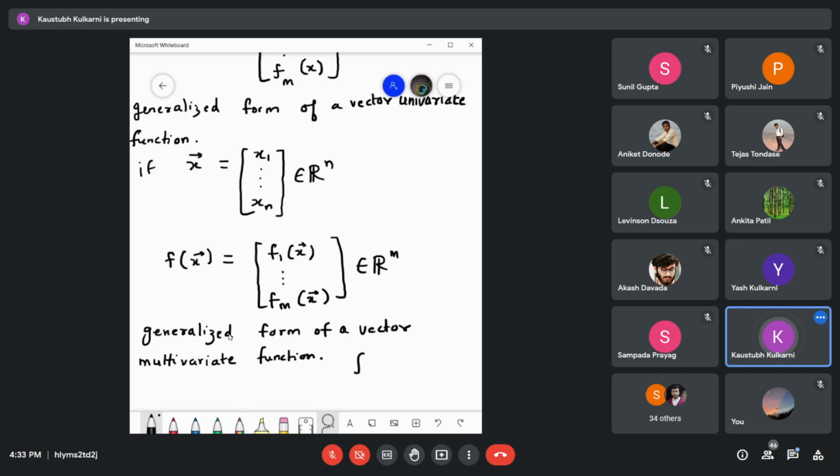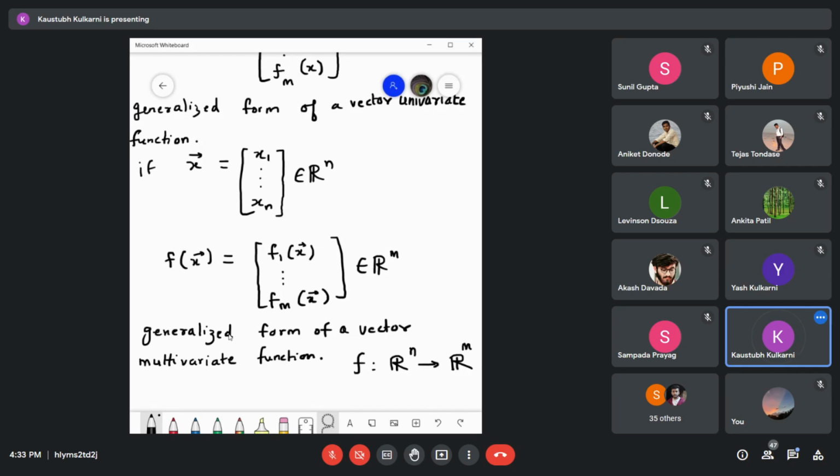So we can say that f in this case maps from R^n, which is the dimension of the vector which we are passing as an argument, to R^m, that the function returns or gives as an output.